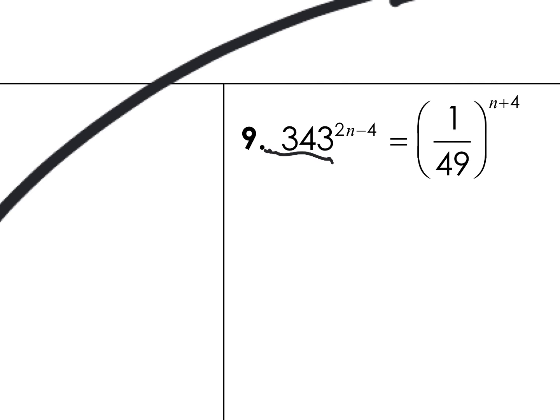So how many 7s go into 343? 49, which is made up by 7 to the second power. So 7 times 7 to the second power turns into 7 to what power? 7 to the third. Yes, exactly.